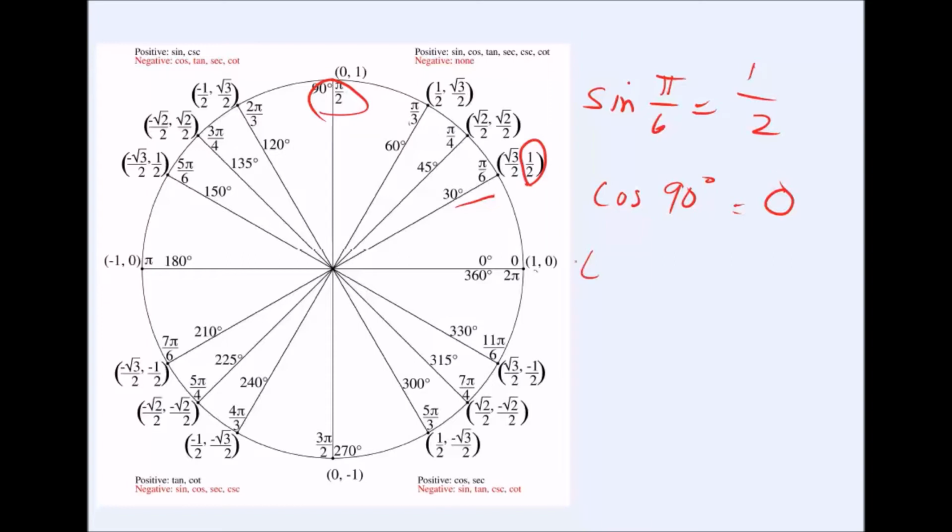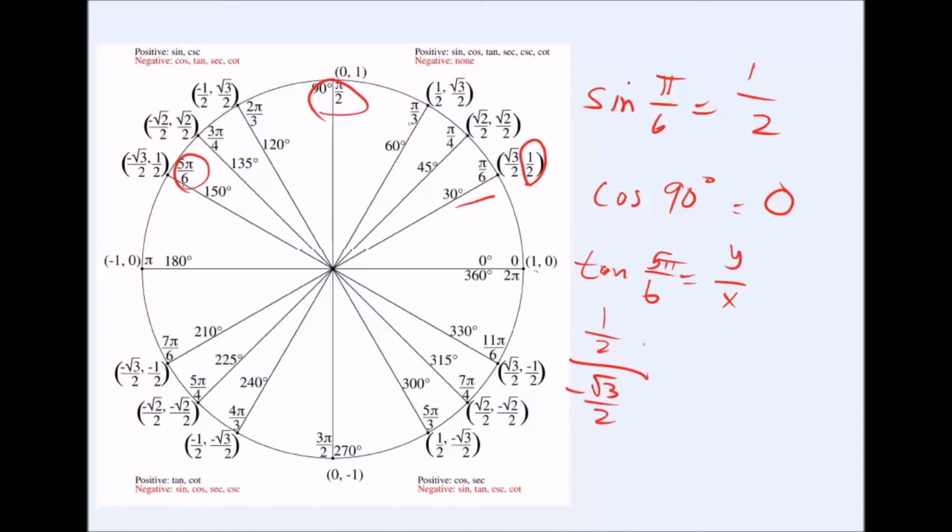Then let's try a tangent. So tangent of, let's say, 5 pi over 6. Find 5 pi over 6. Tangent is equal to y divided by x, so that's going to give us 1/2 divided by negative radical 3 over 2.